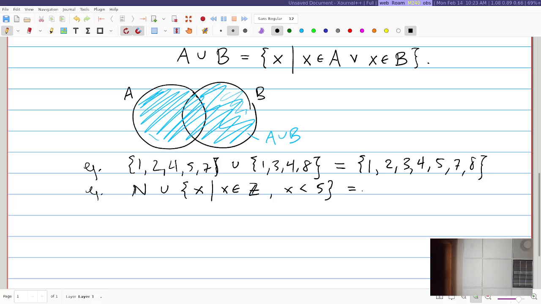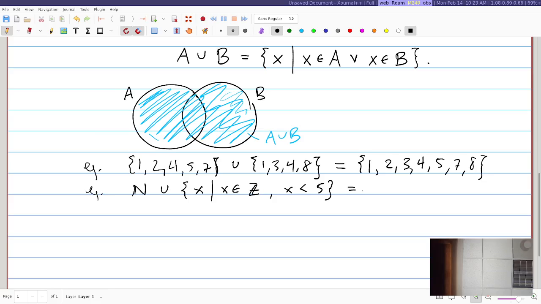It should be from negative infinity to 4. Garrett? It would be from negative infinity to 0, and then all natural numbers. Yeah, so is there a nice name for what that set is?